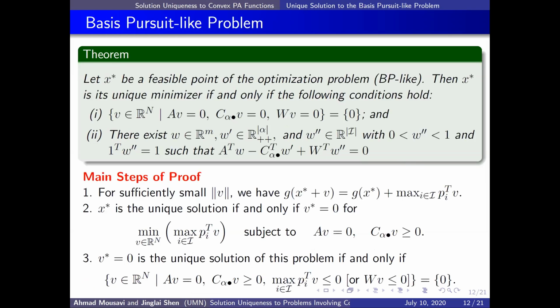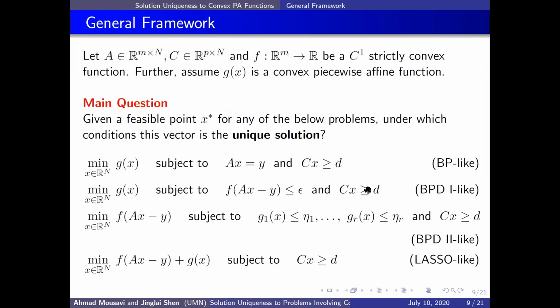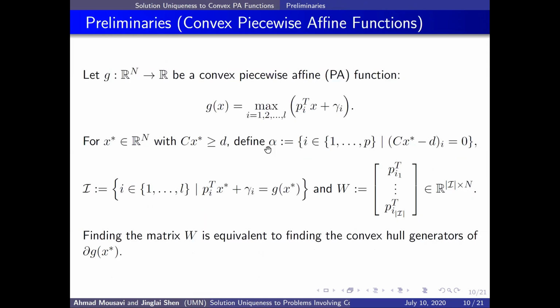So here is the main slide of my presentation. Assume X star is a feasible point of the basis pursuit-like optimization problem. So you have AX equal to Y, CX bigger than or equal to D, and G of X is a convex PA function, which, as I said, has this max formulation.